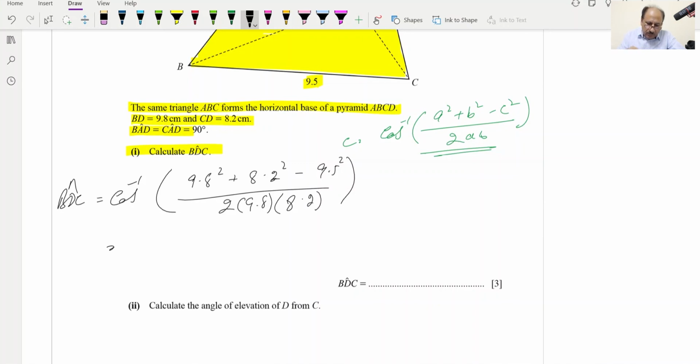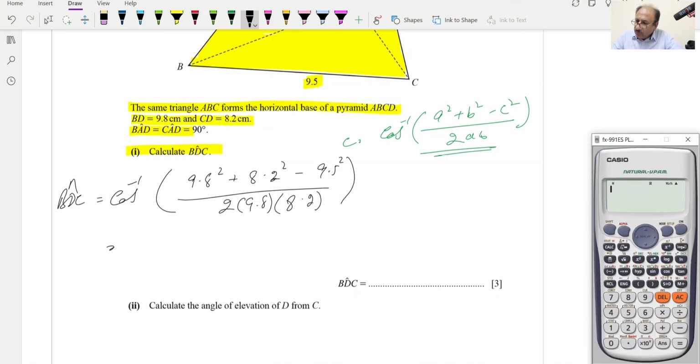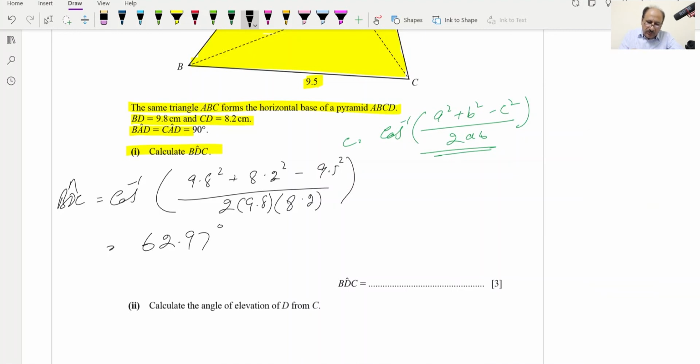We can write shift cos of the fraction, 9.8 squared plus 8.2 squared minus 9.5 squared over 2 into 9.8 into 8.2, and this is equal to 62.97. 62.97 will be the final answer for 3 marks.